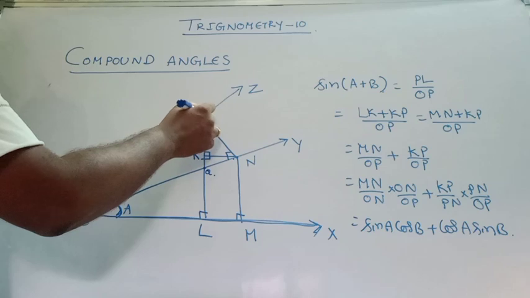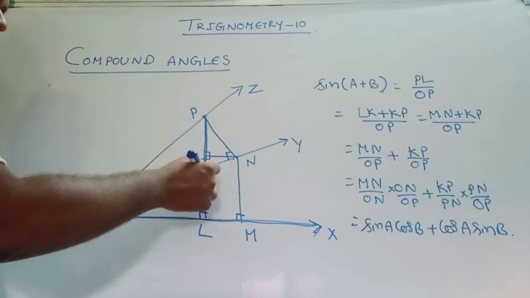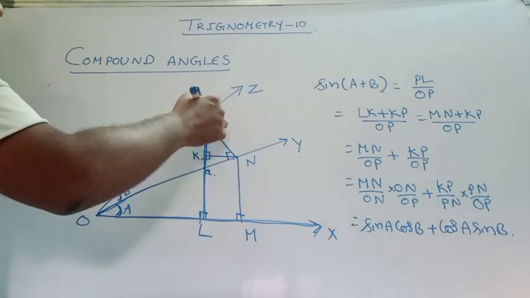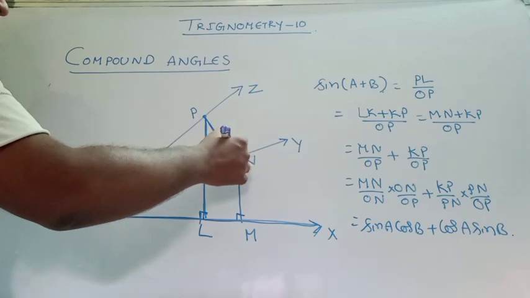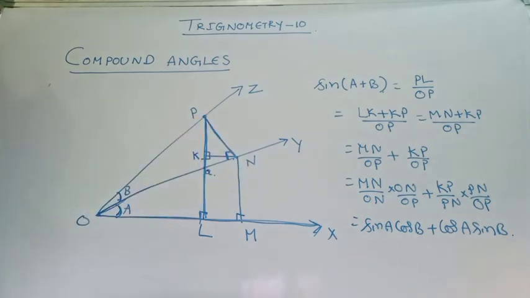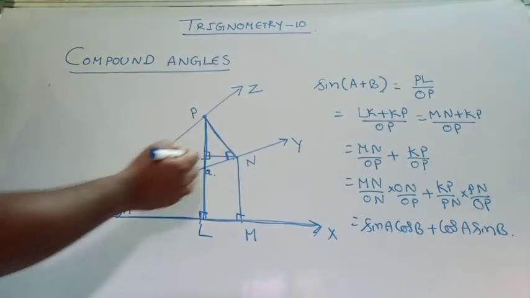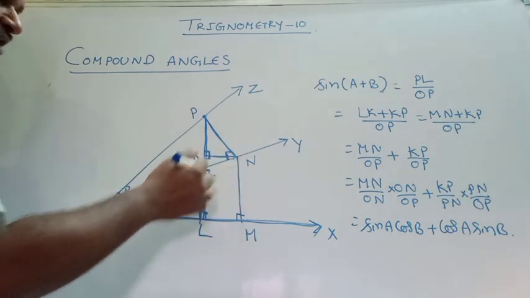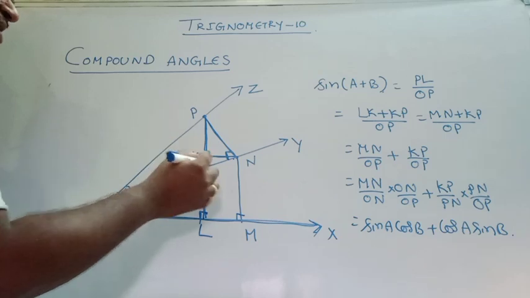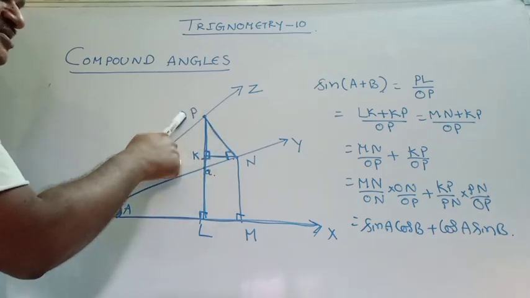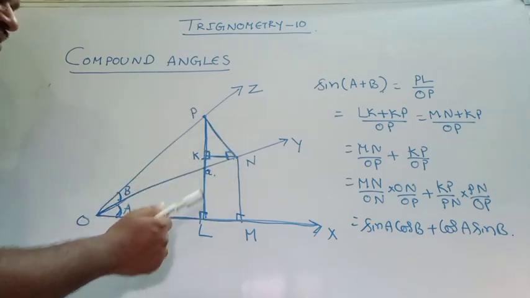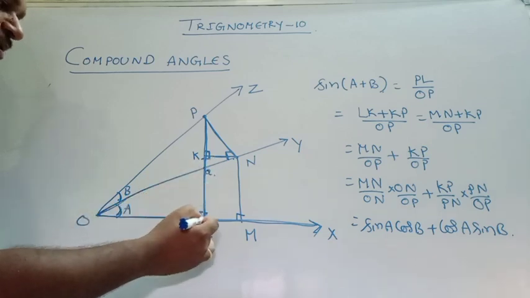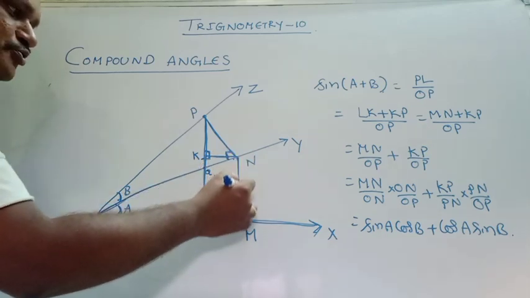Any point P you take, you draw perpendiculars to the x-axis here and to the y-axis like this, right? Wonderful. And you can draw a line parallel to the x-axis that meets here at K, and we denote these symbols as P, K, N, and this is Q, like the perpendicular here N. From N also you draw the perpendicular.